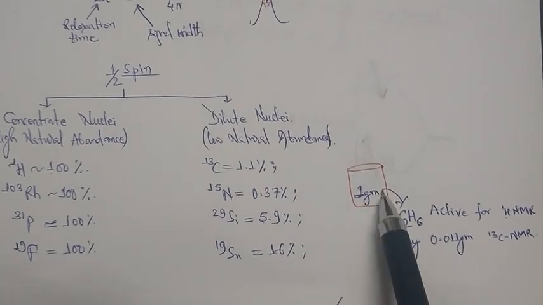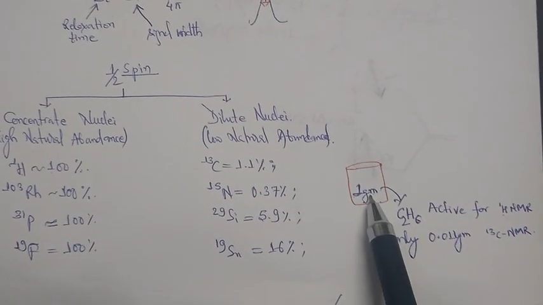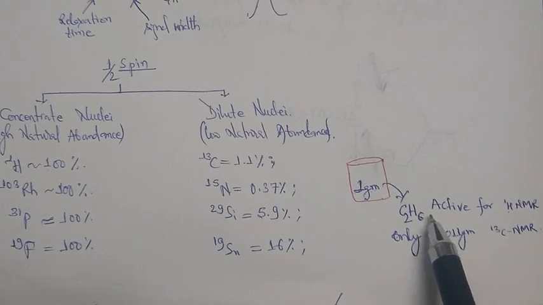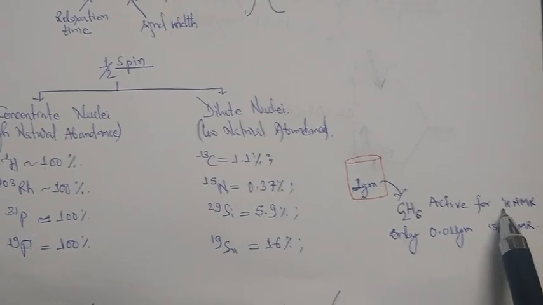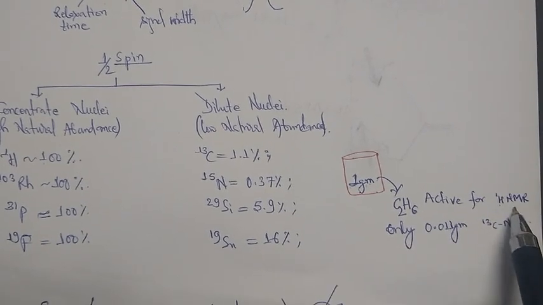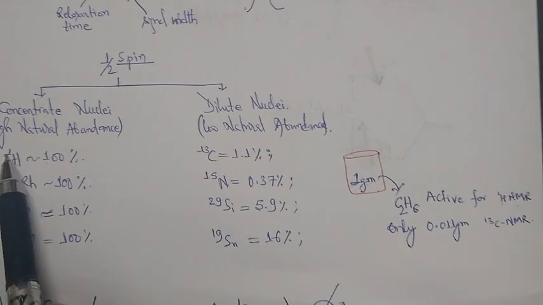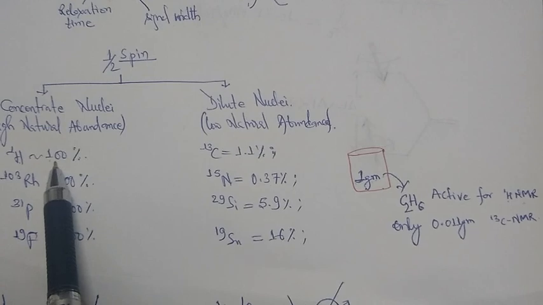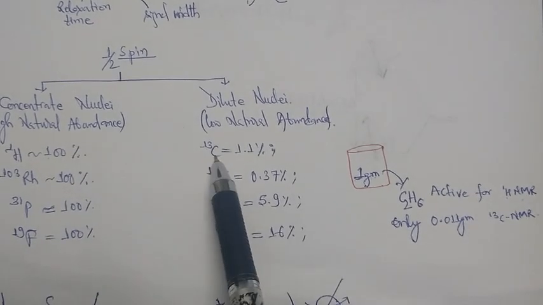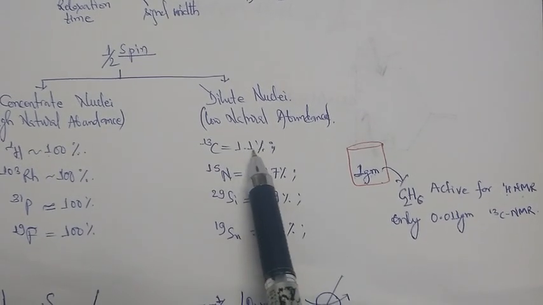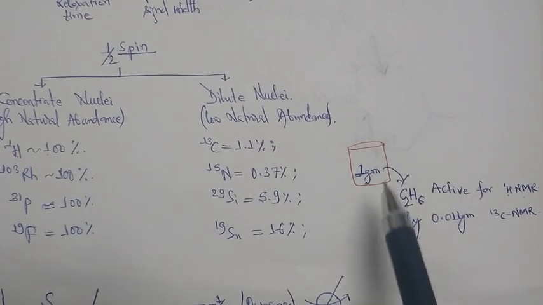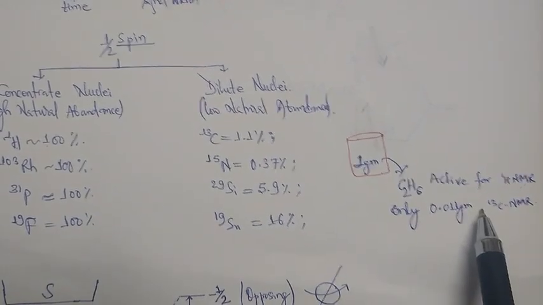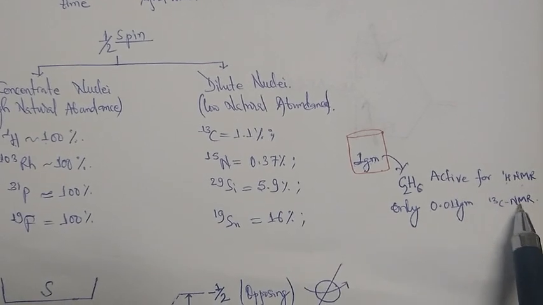In this, 1 gram of the sample is taken, where the whole sample will be active for 1H NMR, that is proton NMR. Why? Because proton NMR, that is 1H, is 100% NMR active. But in the case of 13C, only 1.1%, that means in 1 gram, 0.011 gram will be 13C NMR active.